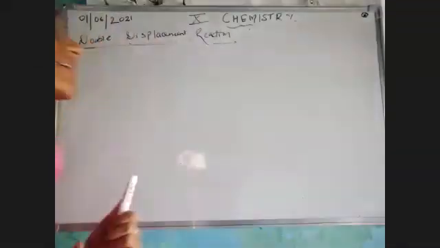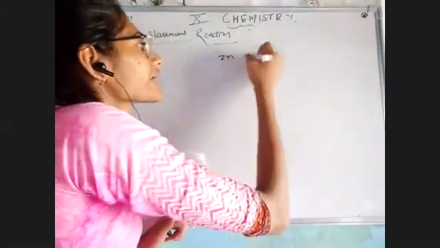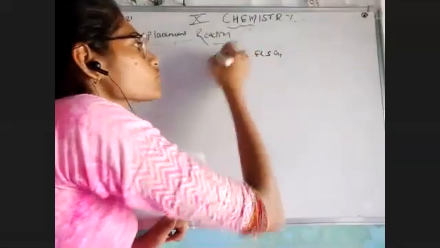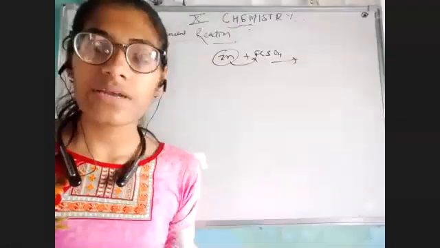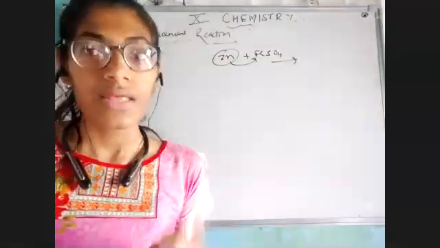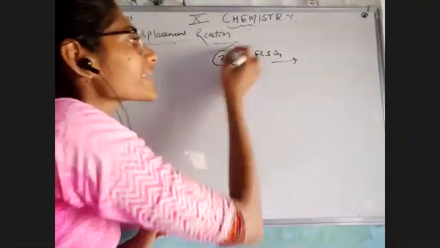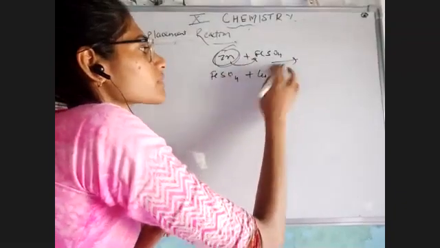In our displacement reaction, there was only a single atom, like zinc and iron sulfate, replacing it, that's all. But in double displacement reaction, there is exchange of position of two atoms, and not a single atom but two compounds would be given, like this.